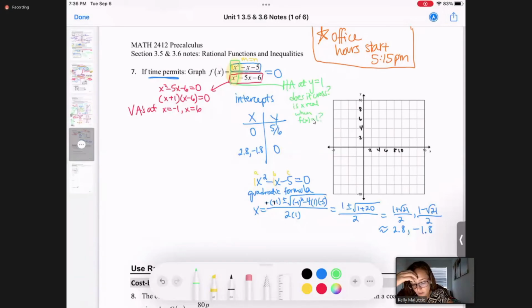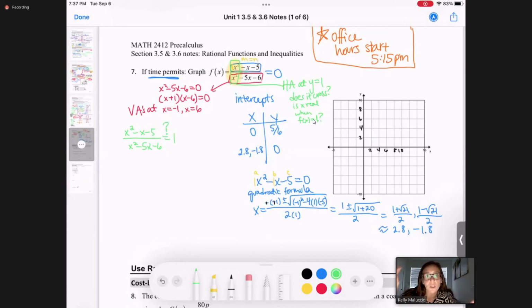That's our question. So I'm going to write it over to the left here. We have x squared minus x minus 5 over x squared minus 5x minus 6 equals 1. So this is what we're questioning. Is this true, or does this work?